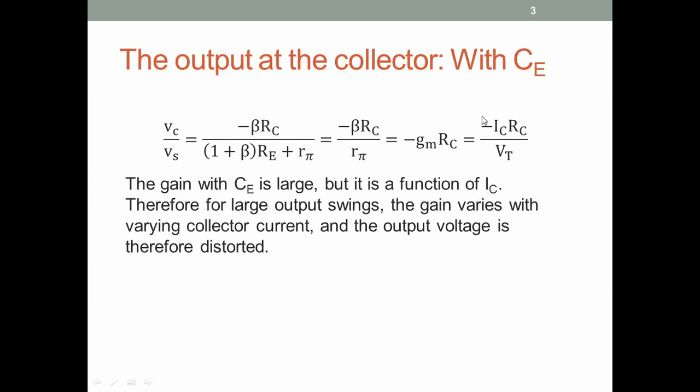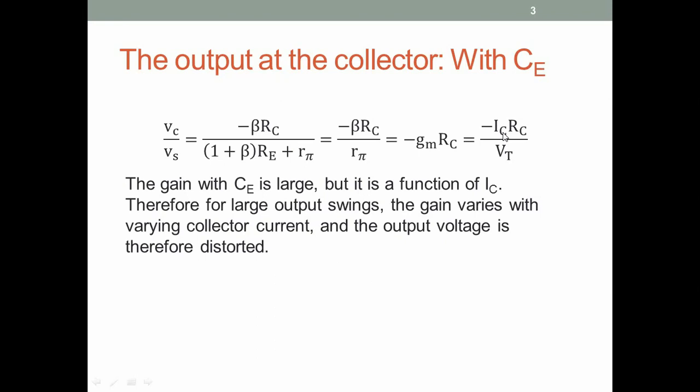The gain is a function of IC, and as IC varies, the gain of this circuit also varies. And in fact, if the output voltage swing is large when a small input is applied, then the collector current varies, and therefore the gain of this circuit varies.